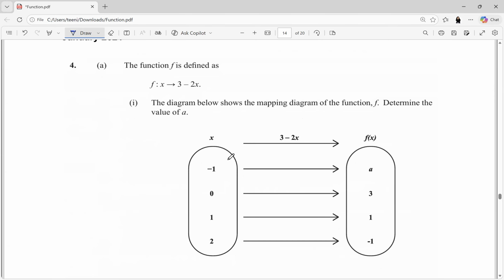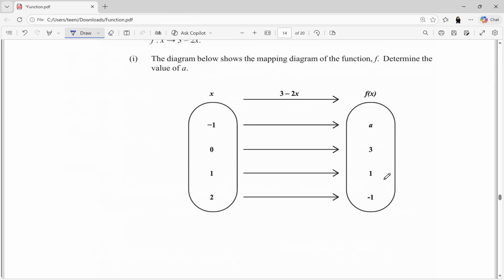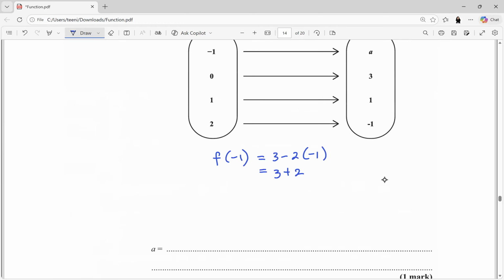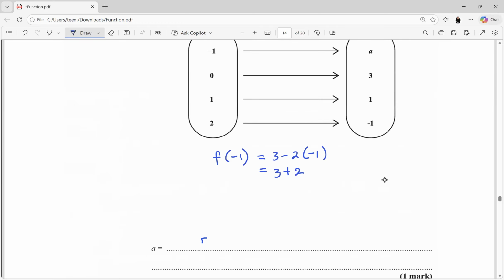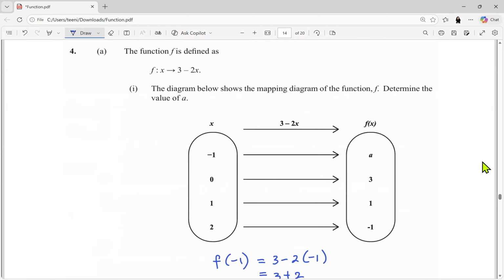So a will be 3 minus 2 times negative 1, because that's f of x when x is negative 1, really finding what f of negative 1 is. So f of negative 1 will be 3 minus 2 times negative 1. So 3 minus 2 times negative 1 will be plus 2. So 3 plus 2 is 5. So therefore, a is equal to 5.